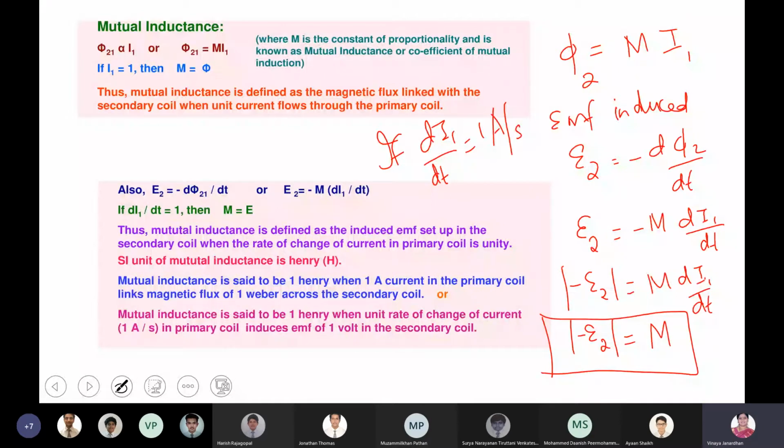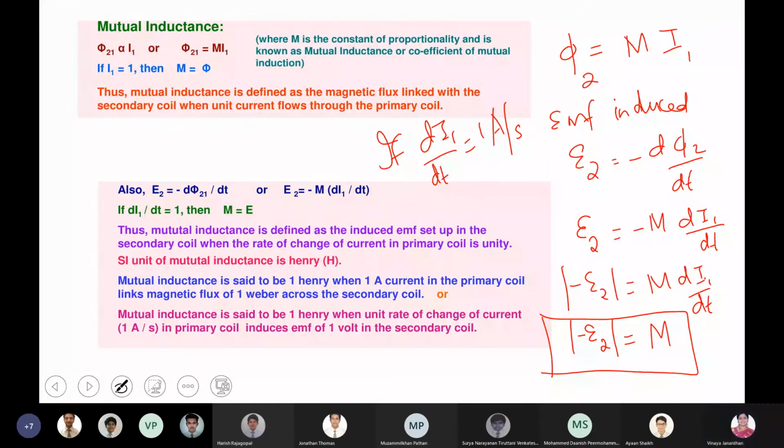So I can write the coefficient of mutual induction is numerically equal to the magnitude of the EMF induced in the secondary coil when the current flowing through the primary coil increases at the rate of 1 ampere per second.